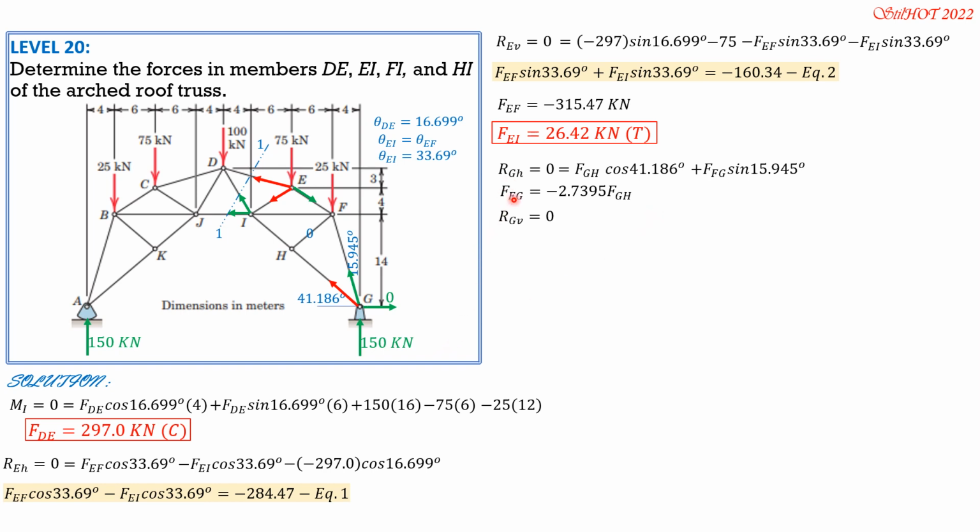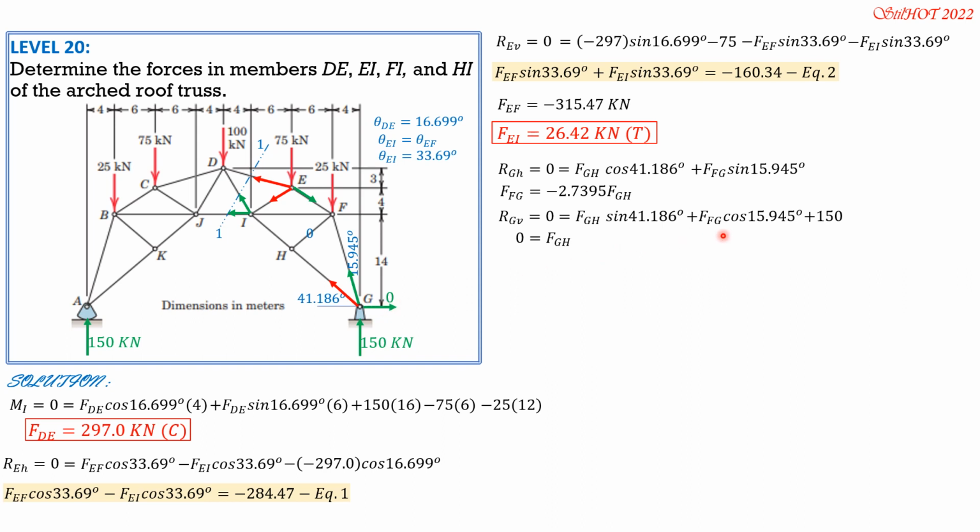Then RG vertical, or the vertical component of resultant at G is 0. So the vertical component of FGH is FGH sine of 41.186 degrees plus FFG cosine of 15.945 degrees, then plus 150.